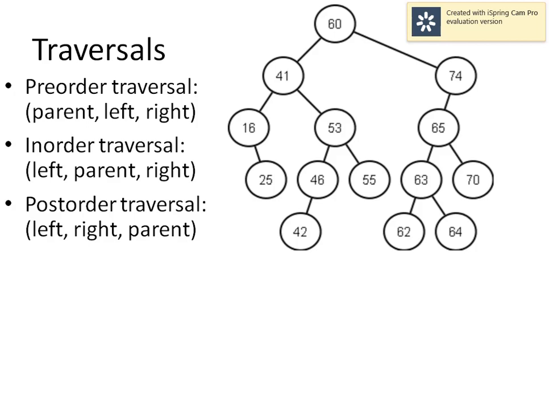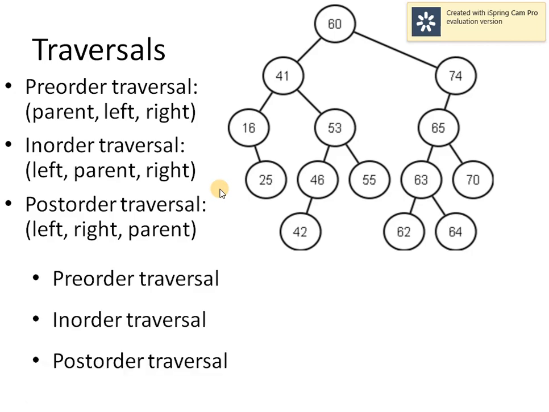Pre-order traversal means we visit the parent node first, then the left child, followed by the right child. In-order traversal means we visit the parent node in between the two children. Post-order traversal means we visit both the child nodes first, and only then the parent. So these are the three traversals which we have to study.